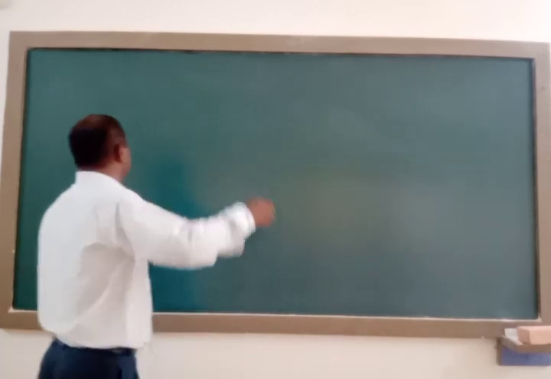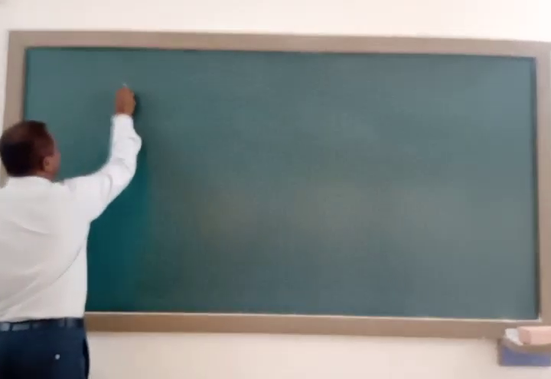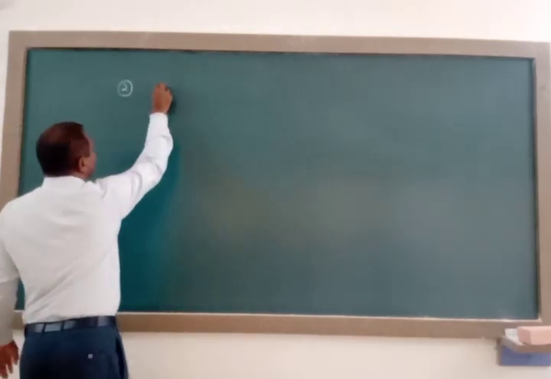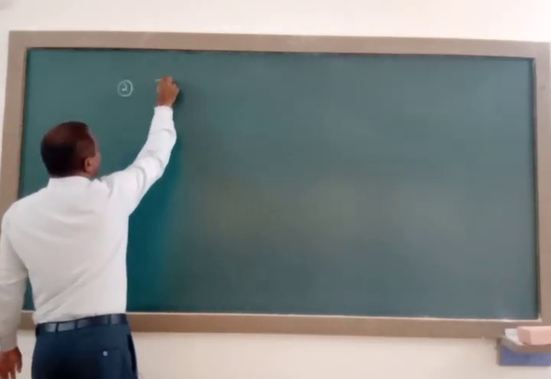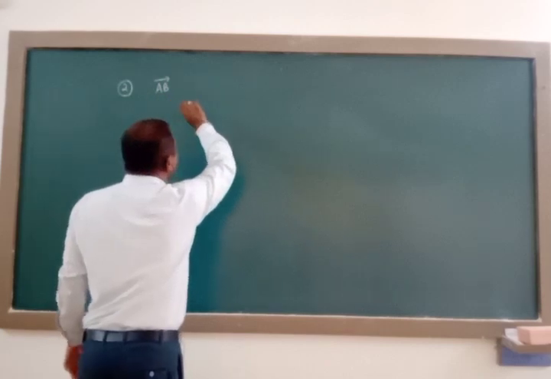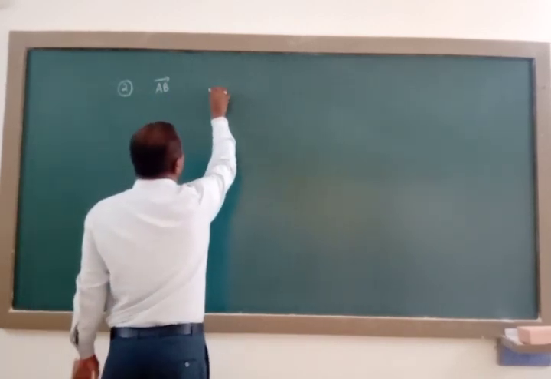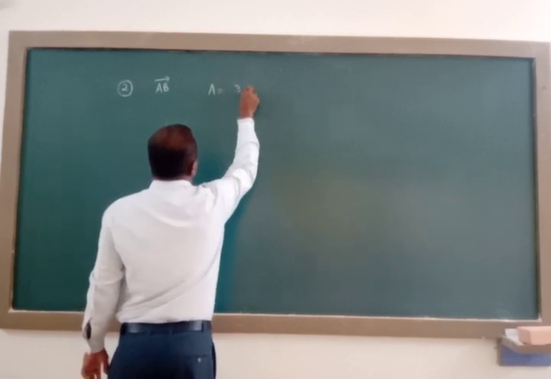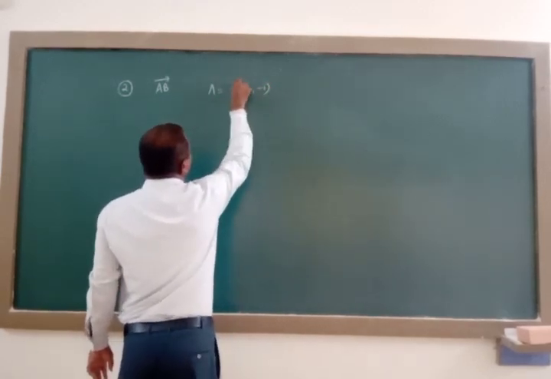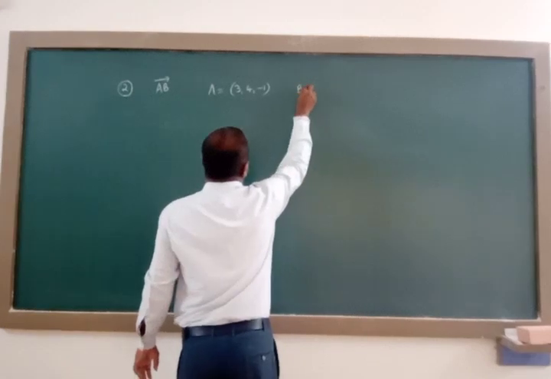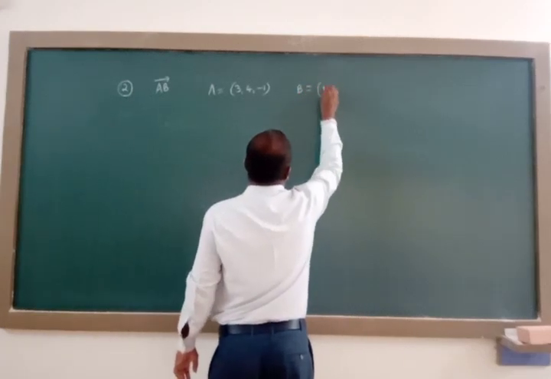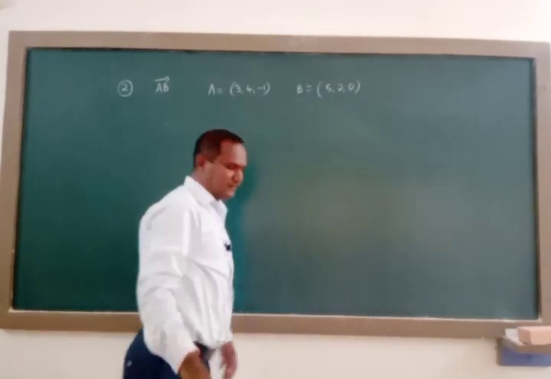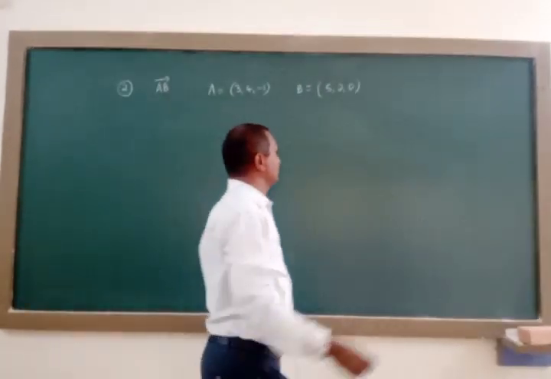Now, for example, second example: find the direction cosines of the vector AB bar, the line segment joining the 2 points, where A is equal to (3, 4, minus 1) and B is equal to (5, 2, 0).